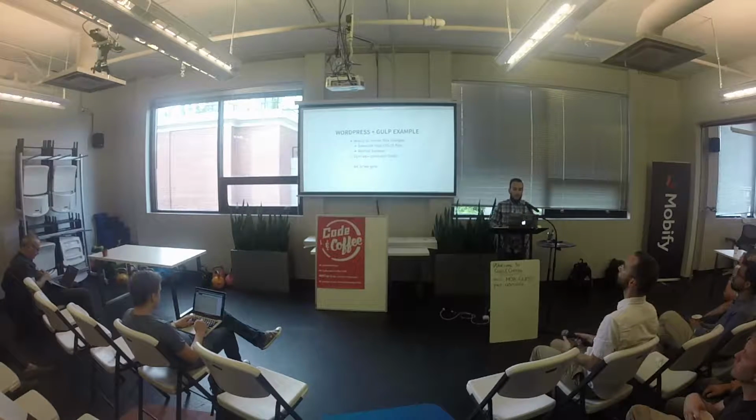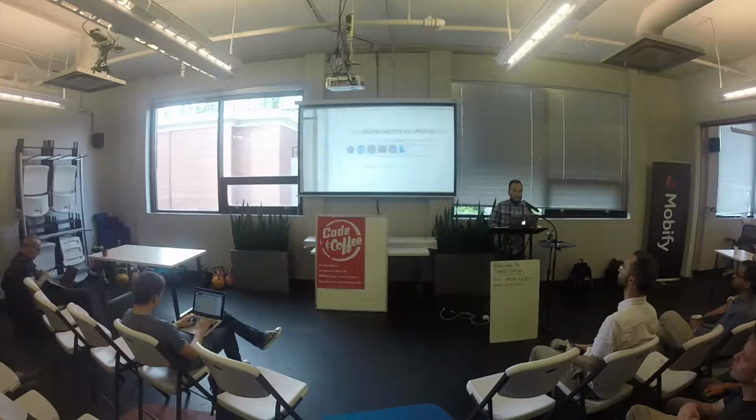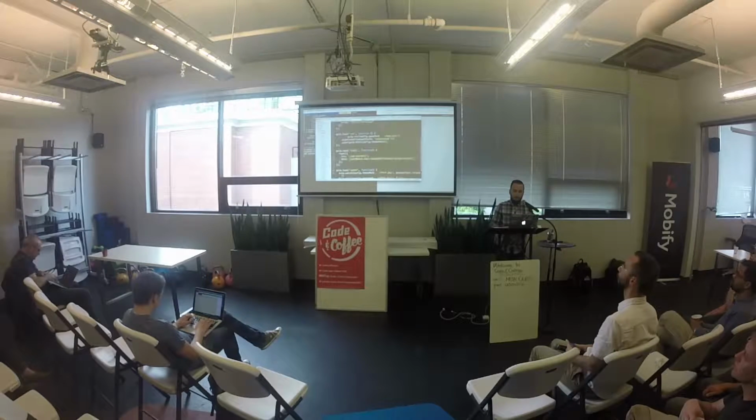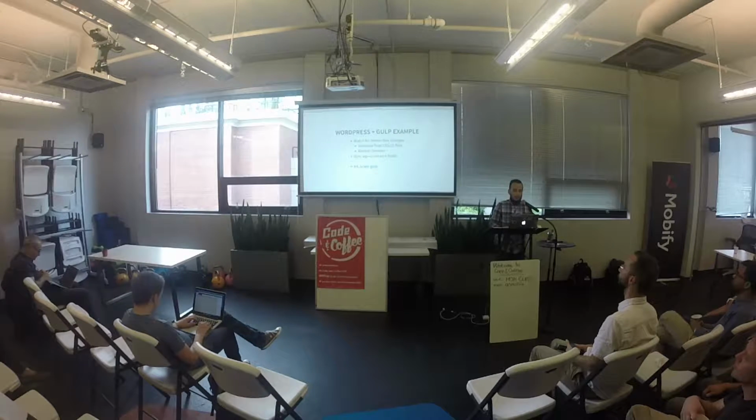So this example is available in GitHub if you want to check it out. It's basically my Gulp file, this configuration file, and a simple WordPress theme. And as I showed, it compiles CSS and refreshes the browser.